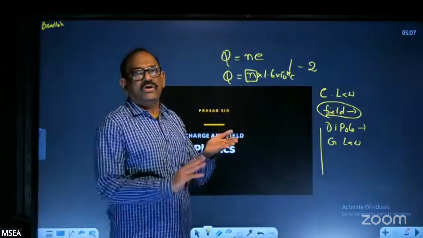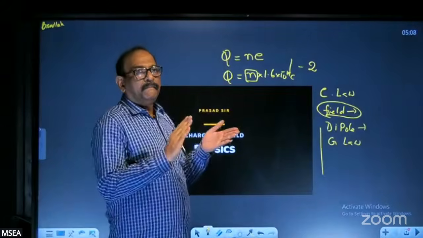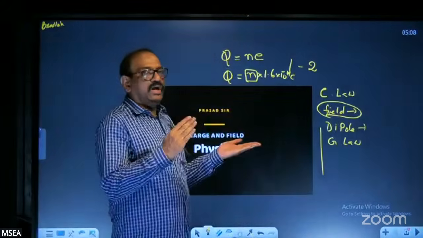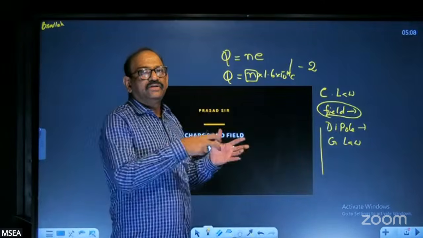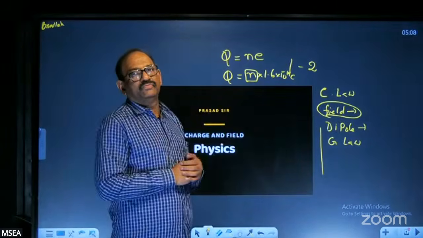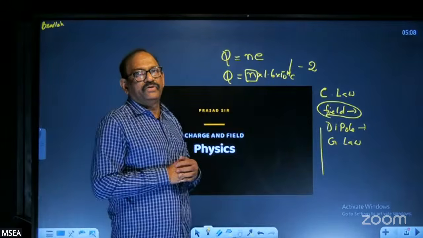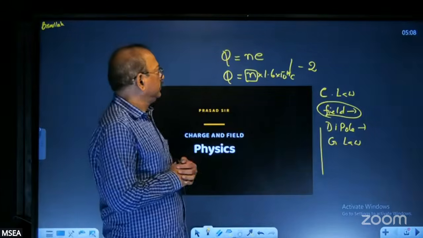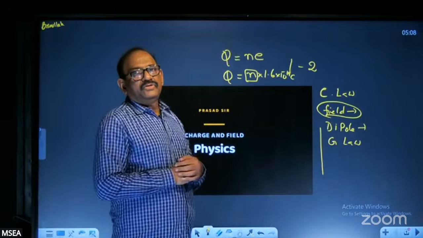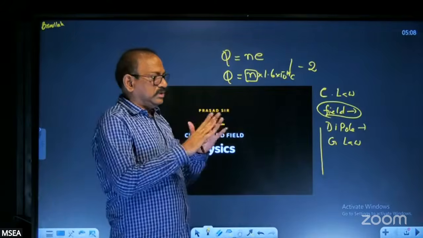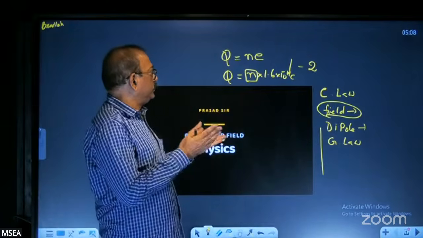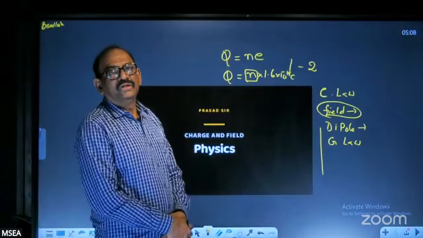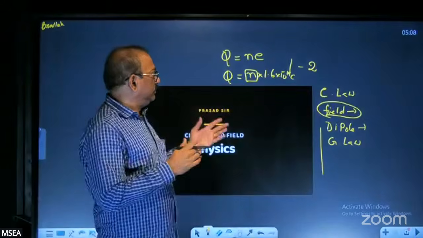Suppose a glass rod is rubbed with silk, glass is positively charged, silk is negatively charged. Silk gains electrons from glass because silk has more electron affinity than glass. The two substances which are rubbed gain equal amounts of opposite nature charges.